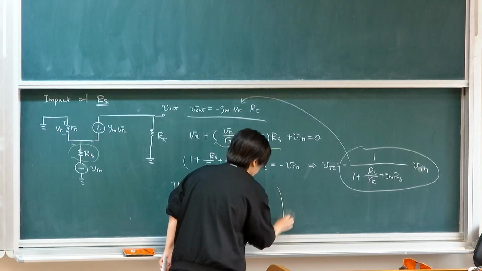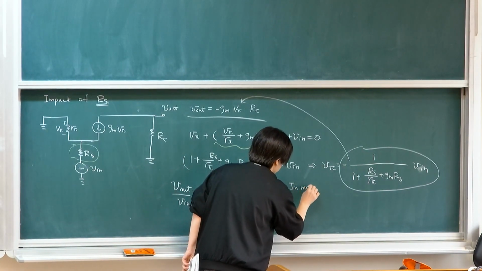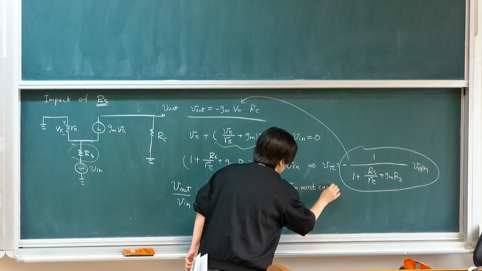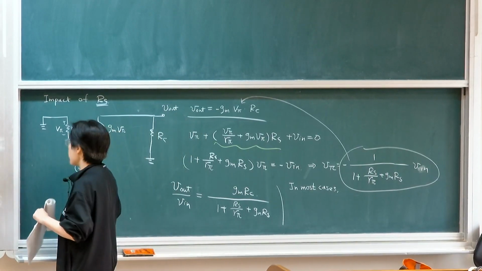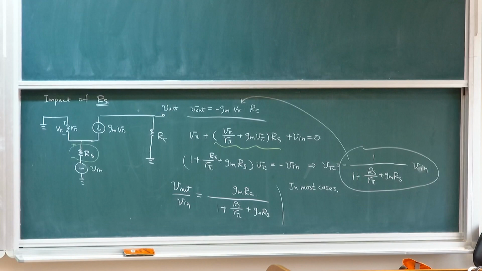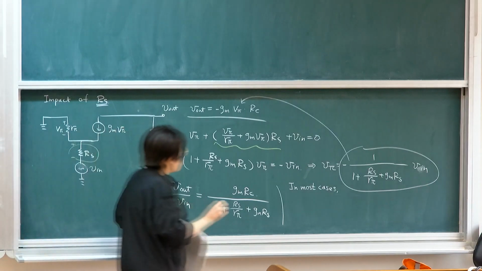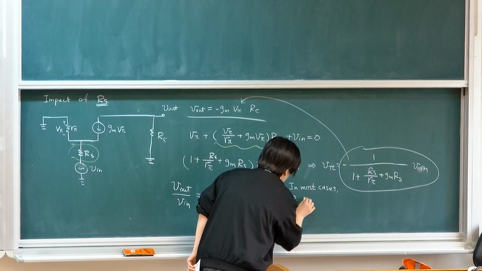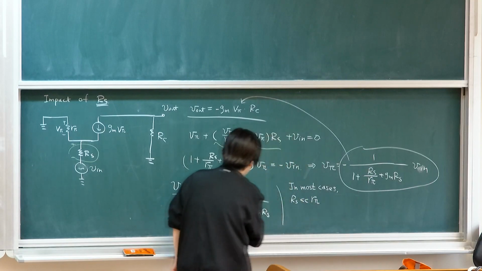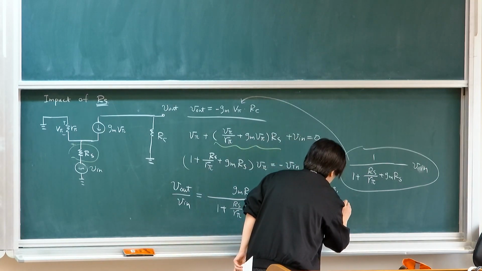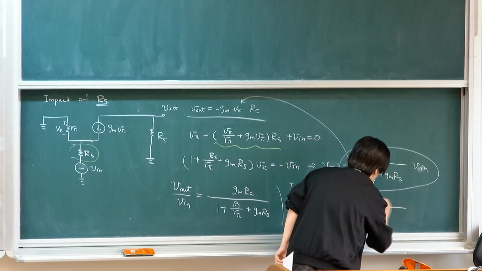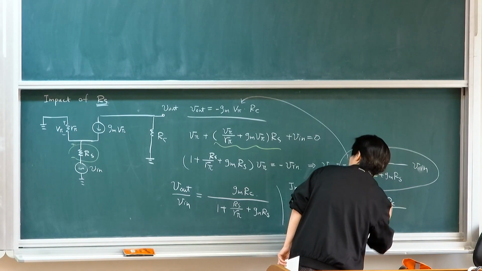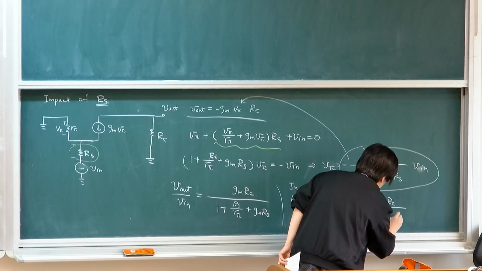In most cases, we know that the source resistance is typically not a very high level. If this is very high, then we will never use a common base stage. So there is just a little source resistance at the source. In most cases, RS is smaller than R pi. So this equation can be revised as your voltage gain will then be gm RC over 1 plus gm RS.